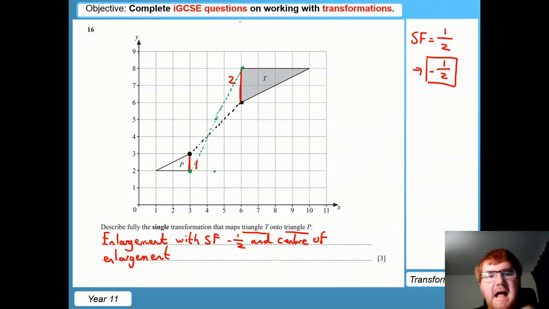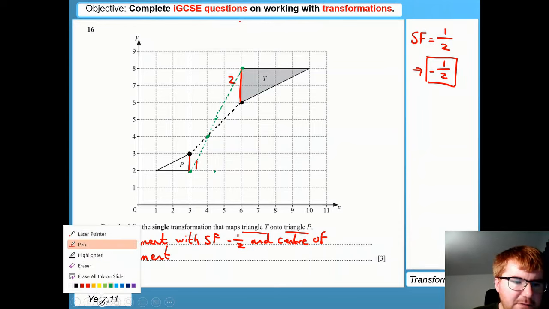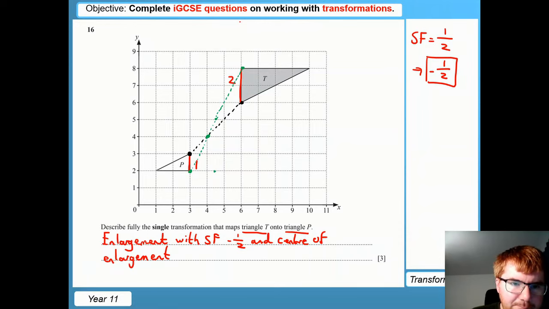Like so. And if you're not entirely sure that this is the correct answer, you can always confirm that by looking at one of the other points as well. So if we take this very last point here, so 1, 2, and then this point here, here we go 9 along, and we go 6 up, so we want to go 4.5. There's our 4.5. 1 plus 4.5 is 5.5, and then we go up to the same as what we did before here.